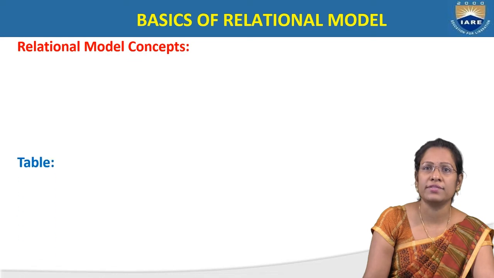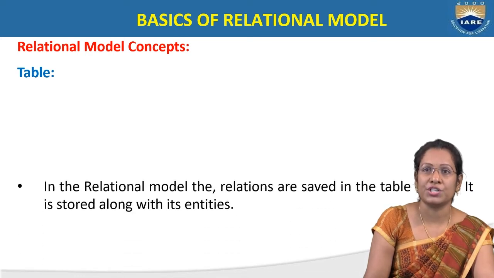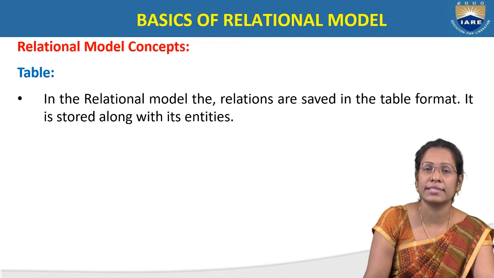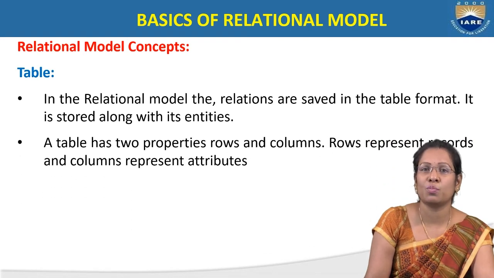Now coming to the next one, that is table. As we know, the data we organize in the relational model is in the form of tables. Relational model data is saved in tabular format along with the attributes. A table includes rows and columns, where the columns specify the attributes. Every table has two basic properties: first is row, second is column.